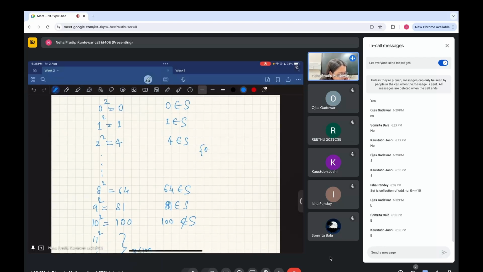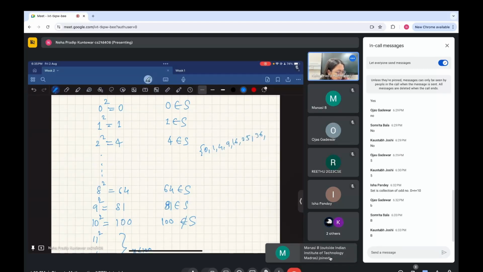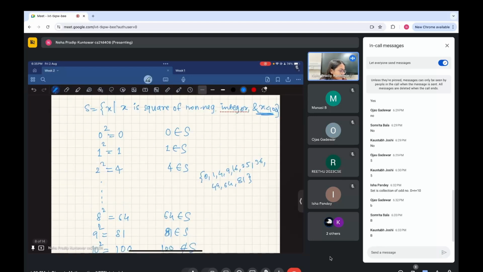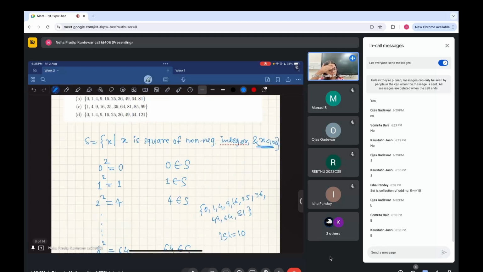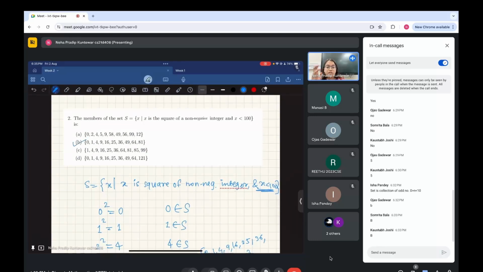We have 0, 1, 4, 9, 16, 25, 36, 49, 64 and 81. So that is the set of 10 numbers that you have, and that is precisely your option B, which is what I think all of you have got.